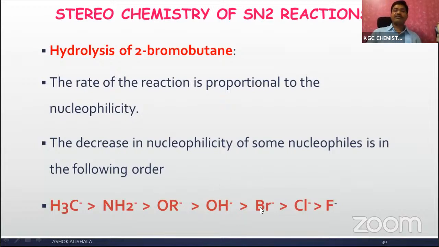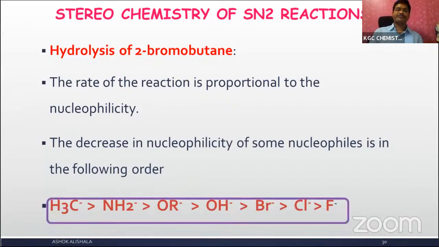That's why hydroxide ion can substitute bromide, bromide can substitute chloride, and chloride can substitute fluoride. This is the order. But remember, fluoride cannot substitute chloride, and you must remember the reverse process. OH can substitute bromide, but bromide never substitutes OH. This is the order of their nucleophilicity.